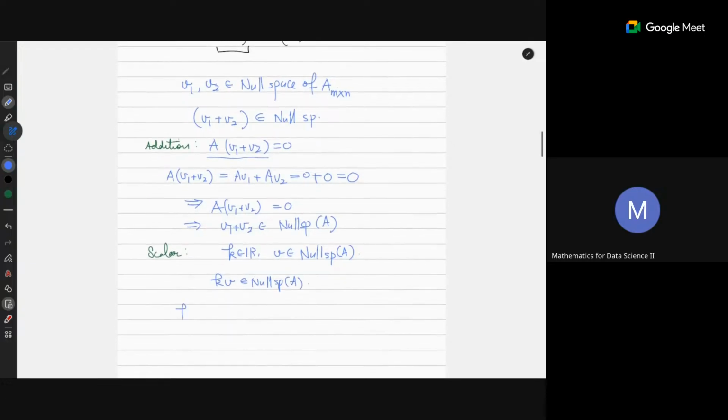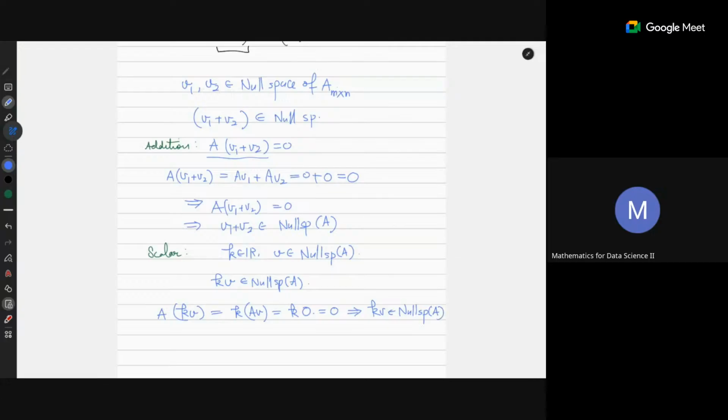I start with A(kv). Now k is a scalar, a scalar can come out, so it is k times Av. Now what is Av? Because v is already in the null space, it is 0. So it is k times the 0 vector, which is the 0 vector. All right, so this implies that kv is also in the null space.